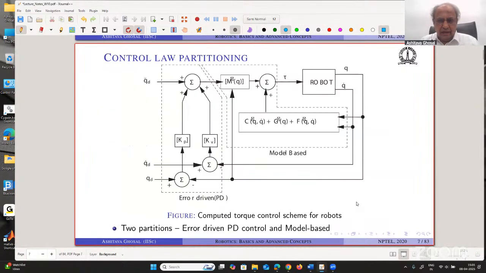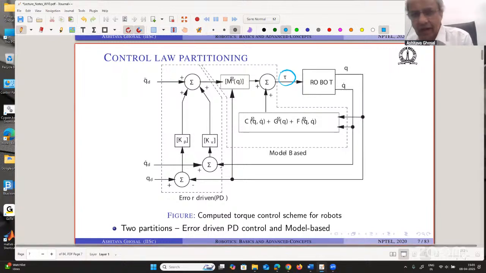I think, Ninad, we are discussing this control law partitioning or model-based control. So for any robot, the input is the torque at the motors, and the outputs are rotations at the joint and the angular rates. So this is the normal robot, starting from the very basic.